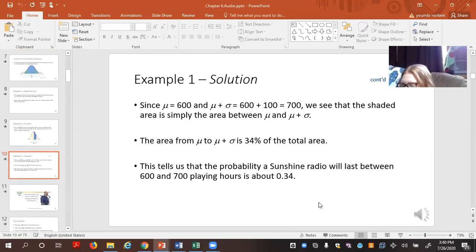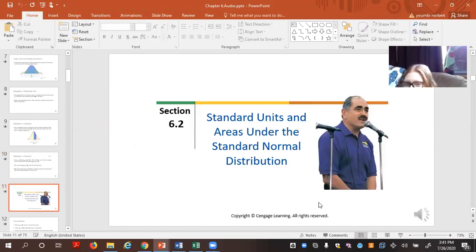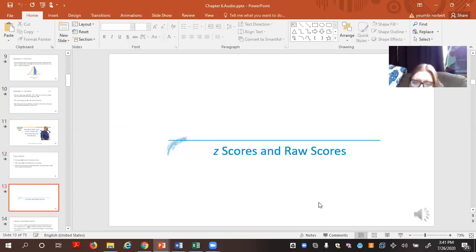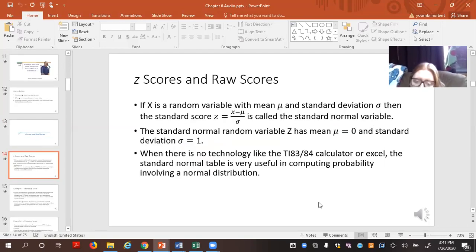So you can go over the PowerPoint to understand why we have the answer to be 0.34, which is 34%. The standard unit is the standard measure of a normal distribution. Once you have the mean and the standard deviation, you can compute the z-score, which is called the standard score or the raw score, of any distribution. That z-score is x minus mu over sigma.